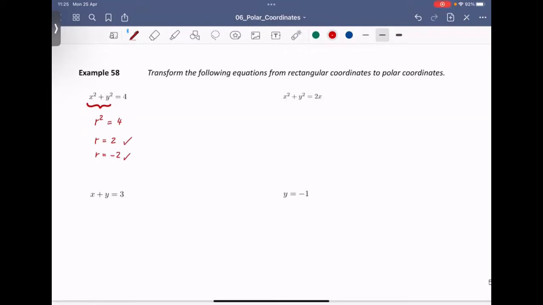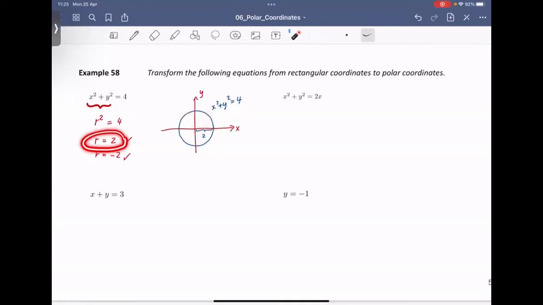You can imagine that in rectangular coordinates this is a circle, x squared plus y squared equal to 4 with radius 2. Everyone knows this, because it is the basic plot for rectangular coordinates. In polar coordinates it is just r equal to 2, which means you collect all the points that have radius 2.